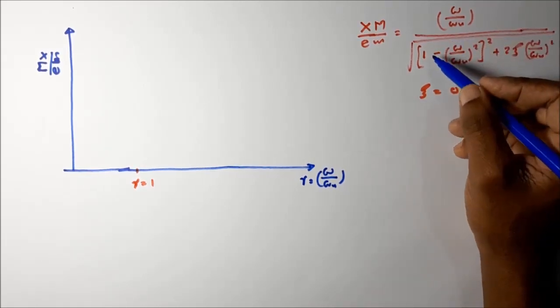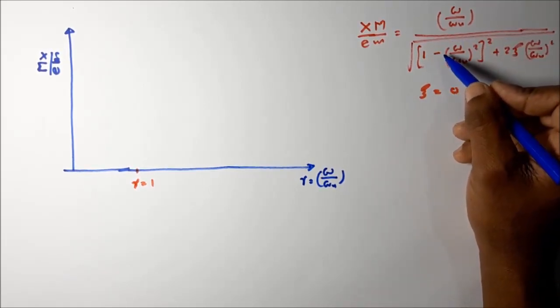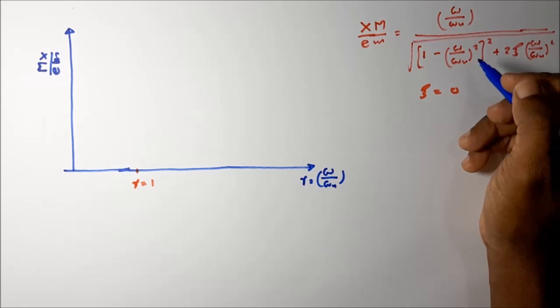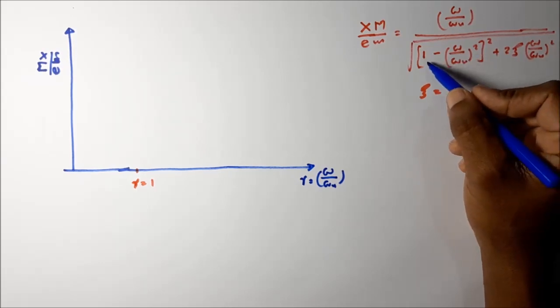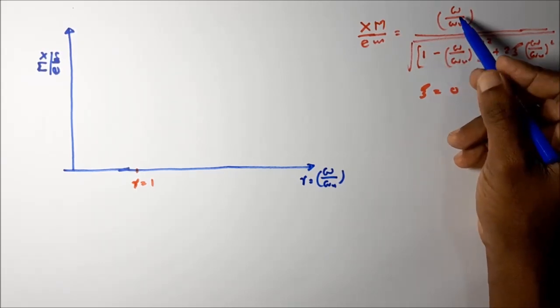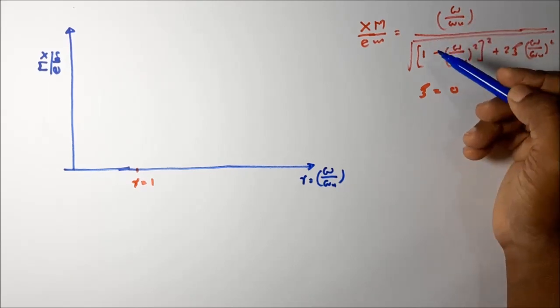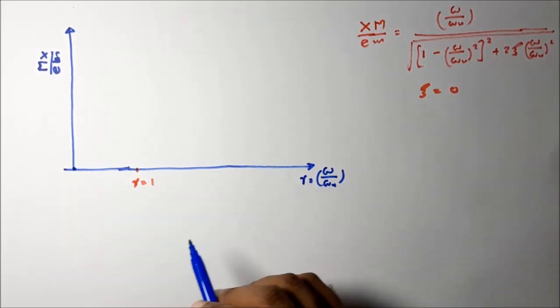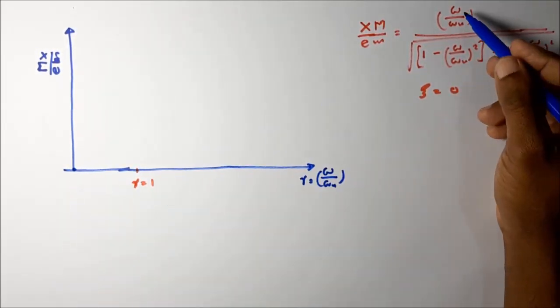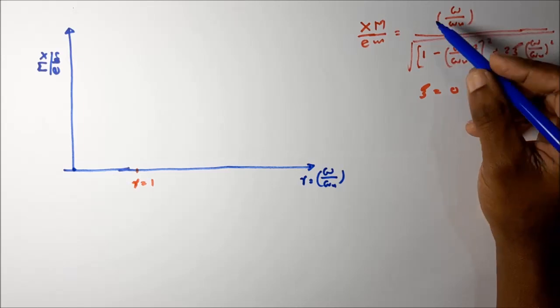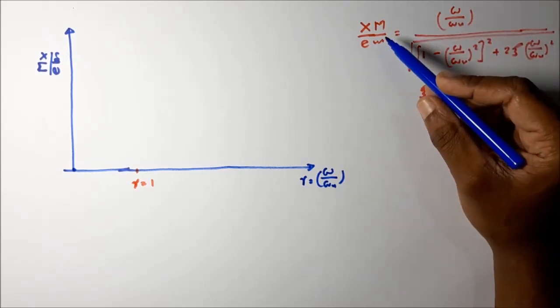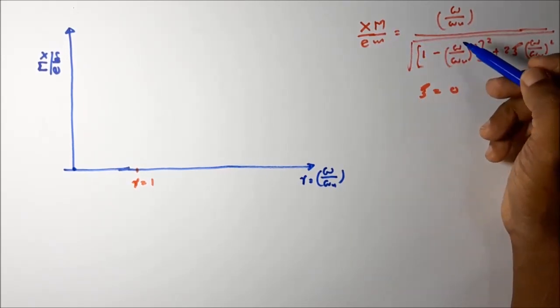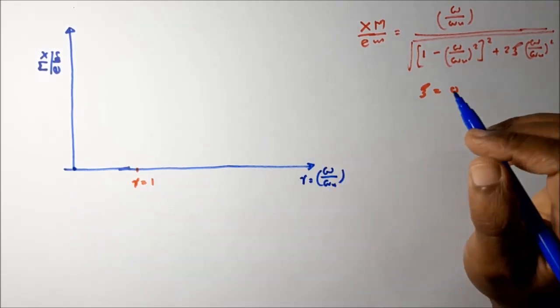When the frequency ratio is equal to 0, the denominator is equal to 1 and the numerator is equal to 0. That means we have to start with the 0 essentially. If the frequency ratio is equal to 0, then the normalized magnitude is equal to 0. So essentially we have to start from the 0.